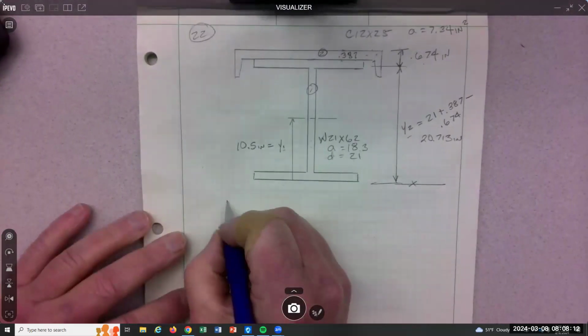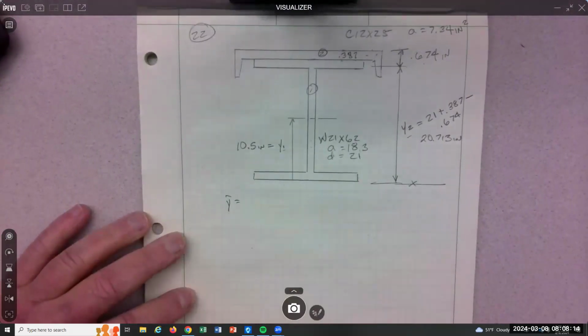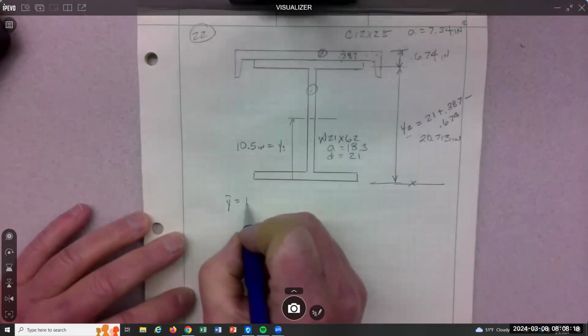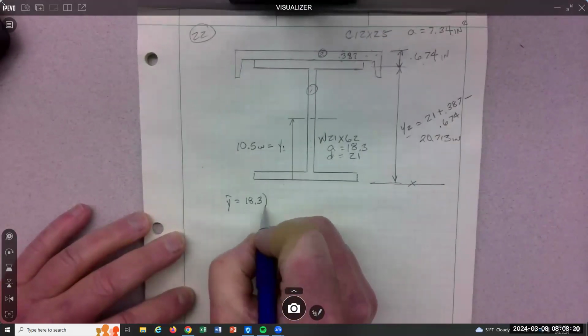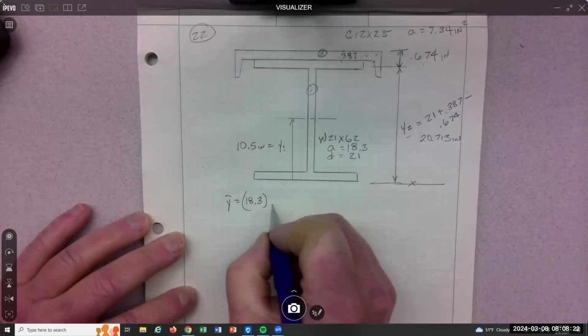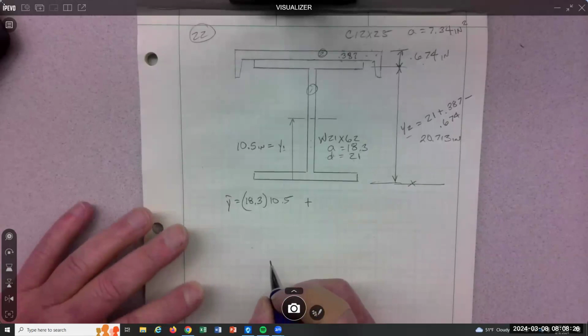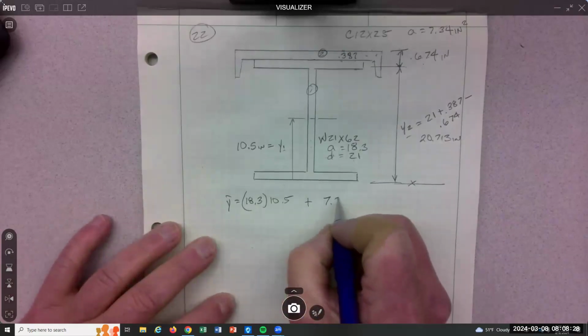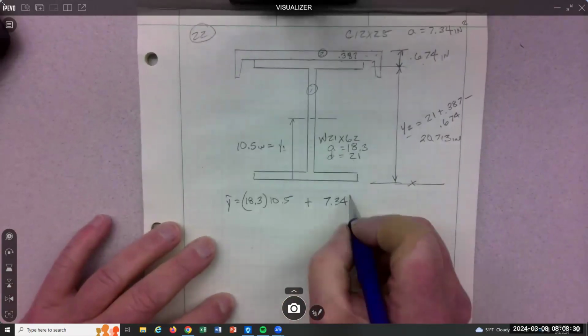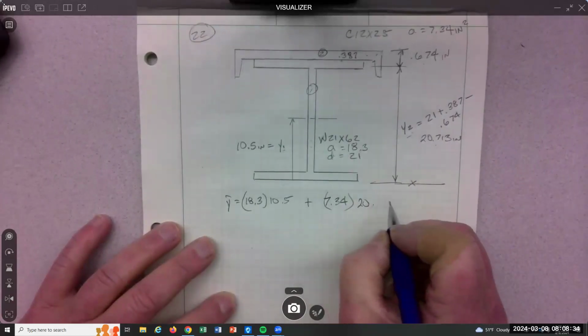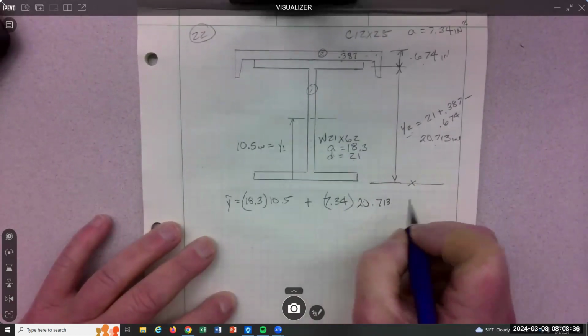So then you go for Y bar. And that's going to be area 1, 18.3, times Y1, 10.5, plus area 2, which is 7.34, times Y2, which is 20.713.